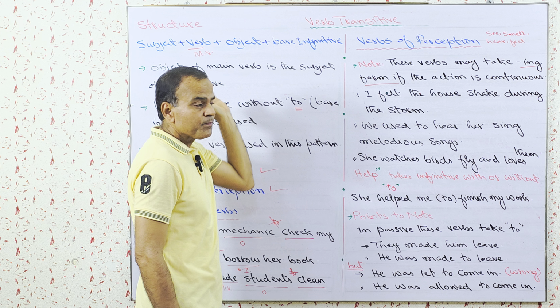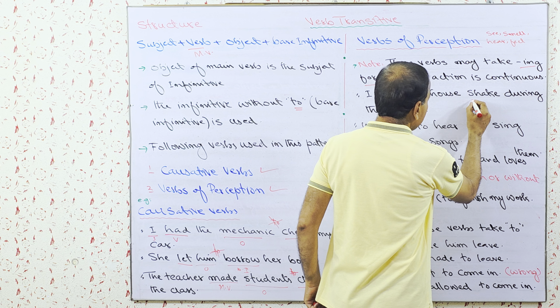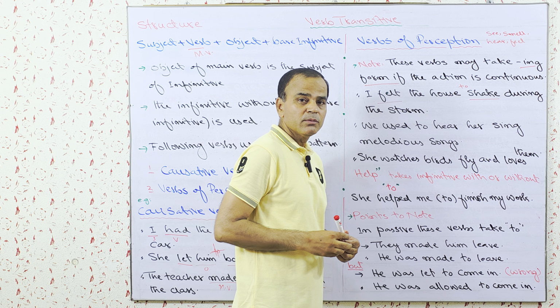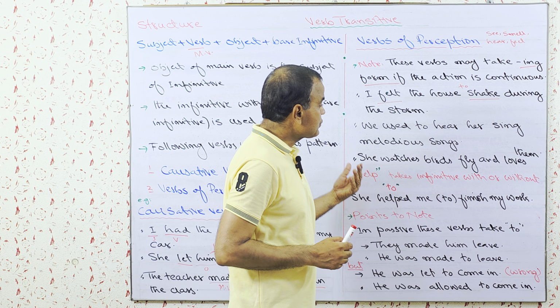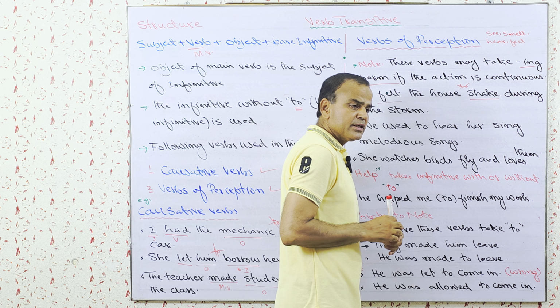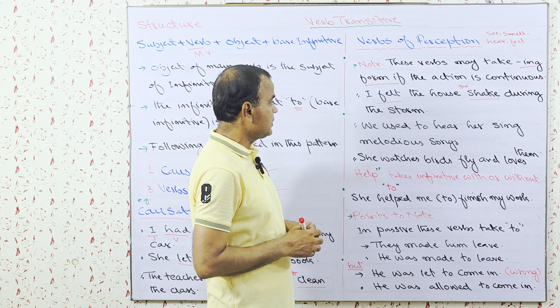Let's have a look at the examples I have written using verbs of perception. I felt, verb of perception, the house shake. You will be tempted to say "to shake," but we have already talked about that in this construction we use bare infinitive.